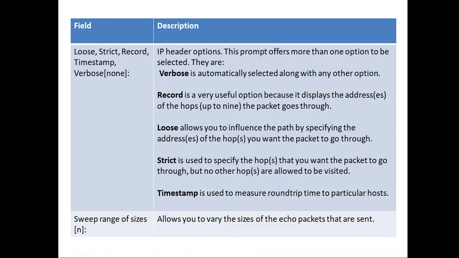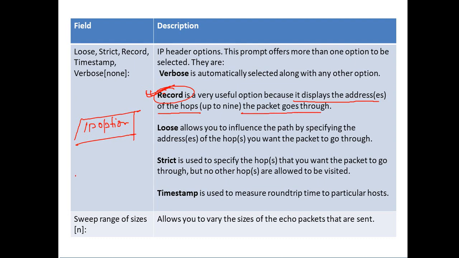Here there is another very important option, which is the record route feature. Record route basically uses the IP option field inside the IP header. And for what purpose? It displays the address or addresses of the hops the packet goes through.